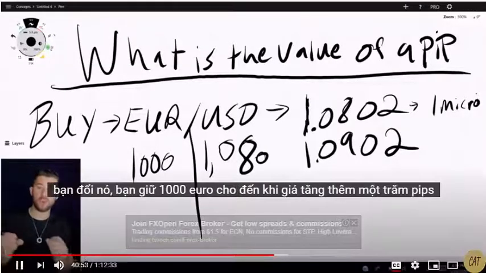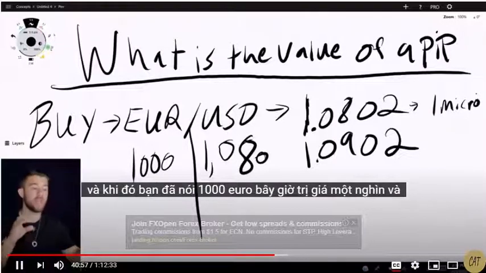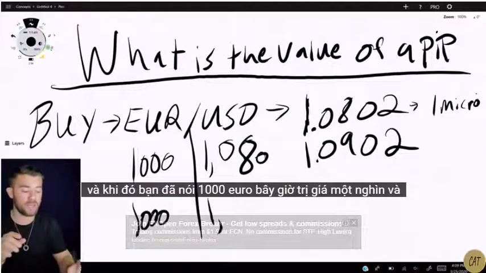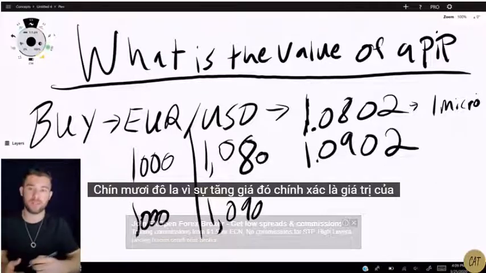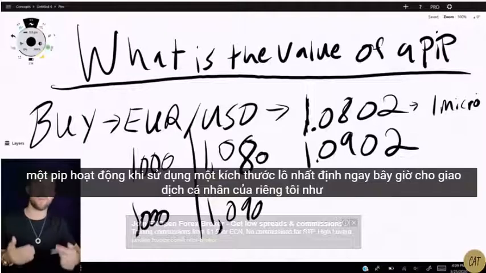You exchange it, you hold that 1,000 euros until the price rises by 100 pips. And when it does, you're saying 1,000 euros is now worth $1,090 because of that rise in price. So that's exactly how the value of a pip works when using a certain lot size.